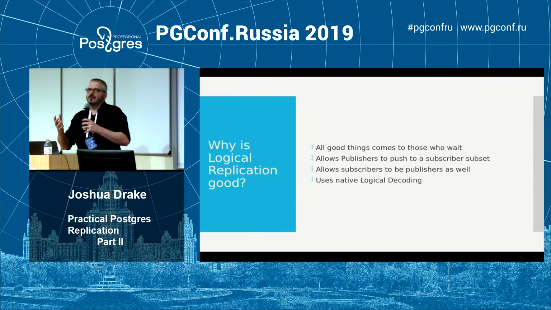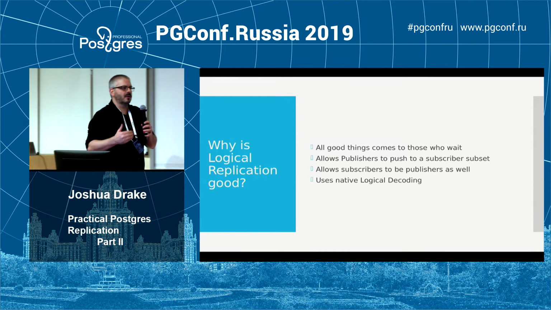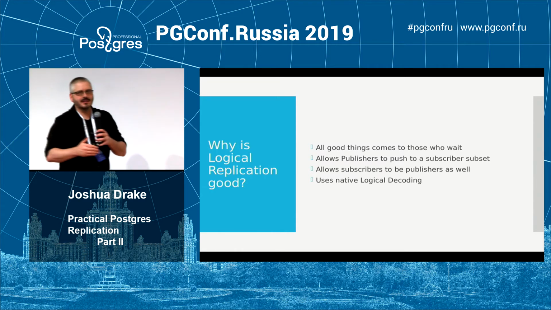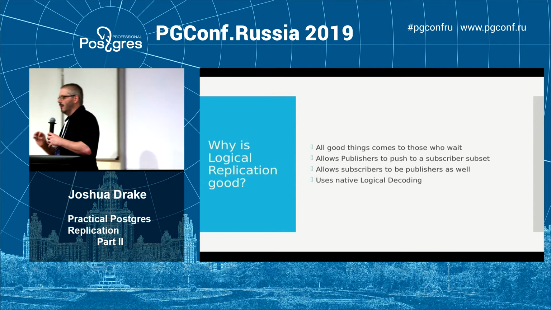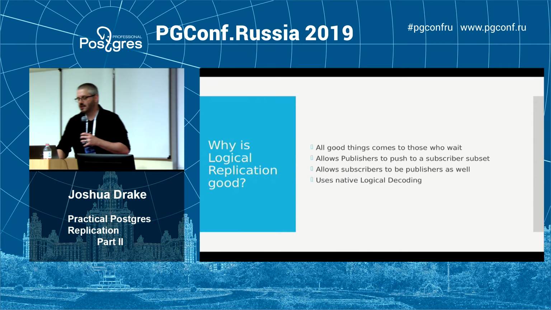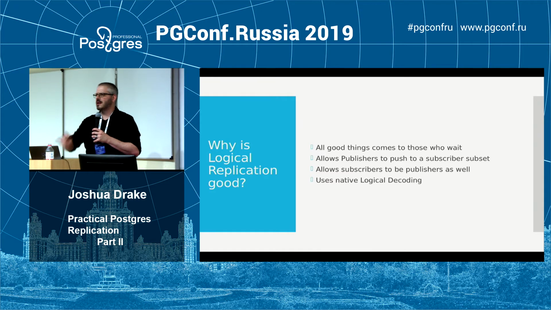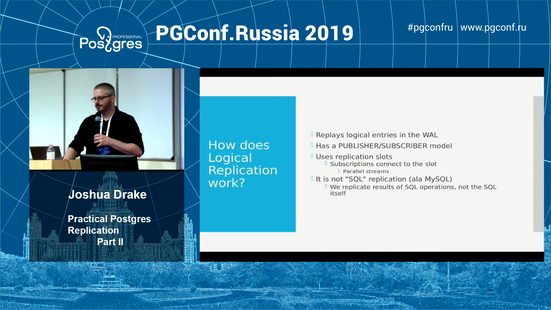Now, you would think, well, you can do that with binary replication too because you can do cascading replication. That's not what I'm talking about. This is a different level of flexibility. And it just uses native logical decoding. I don't remember who it was that asked if you could put a middleware in between the stream. That's basically the logical decoding that you're doing that with.